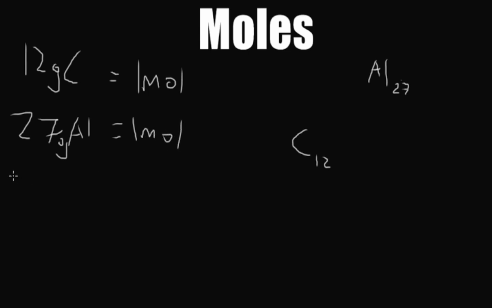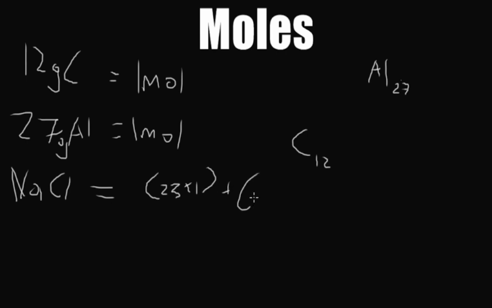But what about a compound like sodium chloride? Let's try and figure this out. Sodium chloride is an ionic compound, so we'll be finding the relative formula mass first. Sodium has a relative atomic mass of 23, and there's 1 atom of sodium, so that's 23 times 1.